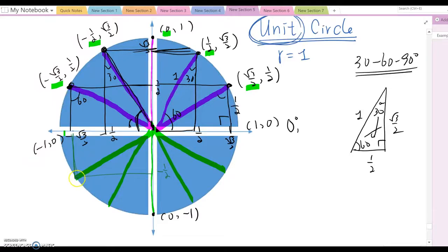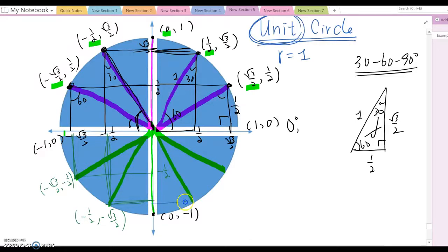The angle is 210, and they become (negative root 3 over 2, negative 1 over 2). Now for this one, you can find the corresponding line here, then that becomes (negative 1 over 2, negative root 3 over 2). Okay?